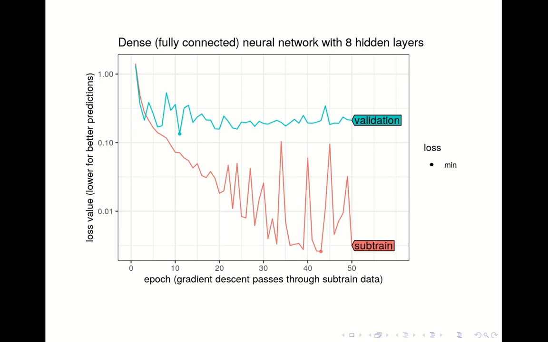So sometimes you do see this fluctuation, and when you do, you might consider changing the optimization algorithm. Like I said, there are different choices, but here I'm not going to worry about that. Anyway, we see the subtrain loss going down more or less, and then we see the validation loss going down and then more or less flattening out as well.